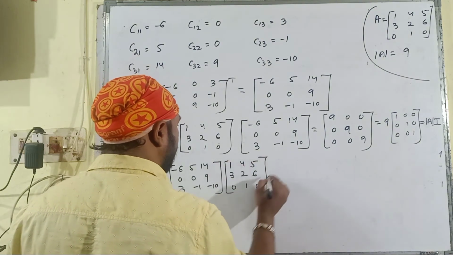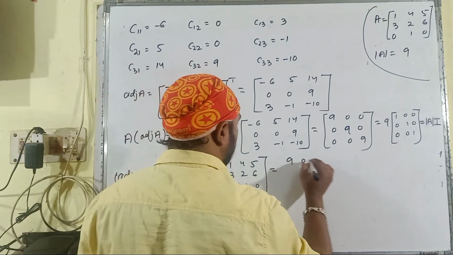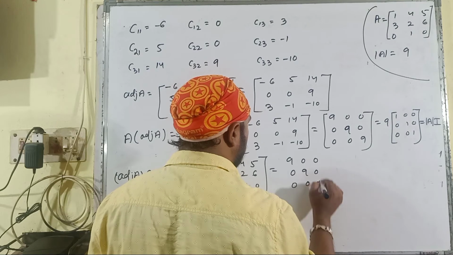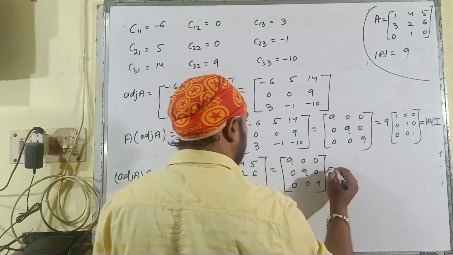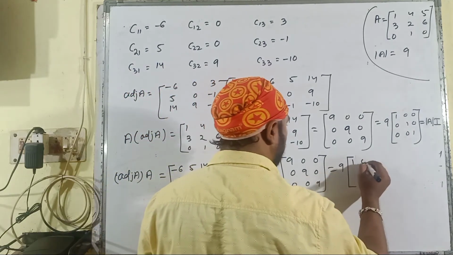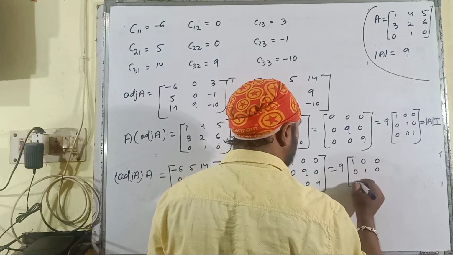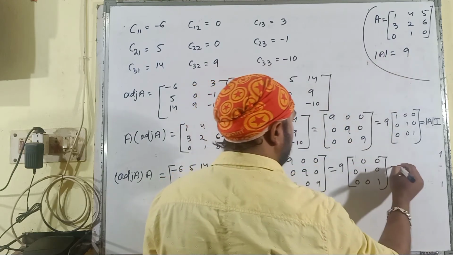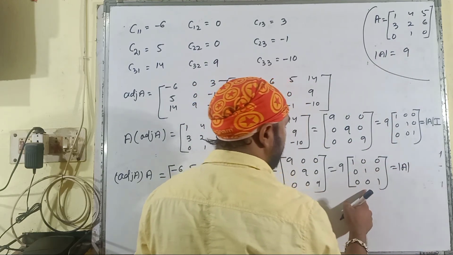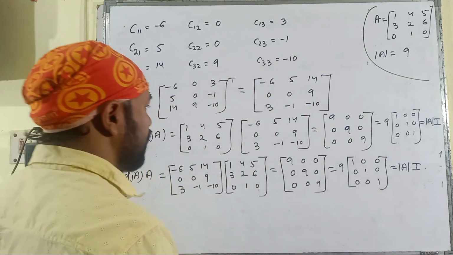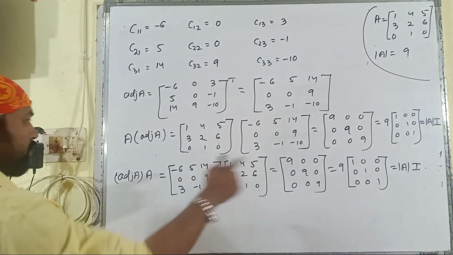Then again you will find it is in the form of [9, 0, 0; 0, 9, 0; 0, 0, 9]. By taking 9 common from the given matrix, it will be in the form of [1, 0, 0; 0, 1, 0; 0, 0, 1], where 9 is the determinant value of A and the matrix is the identity matrix. Again it is the determinant of A multiplied with I.